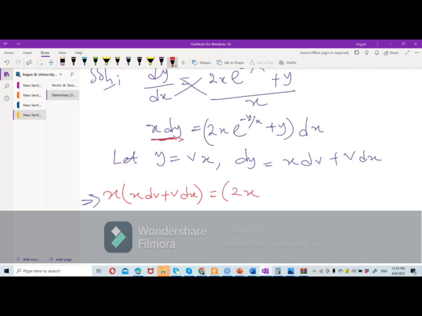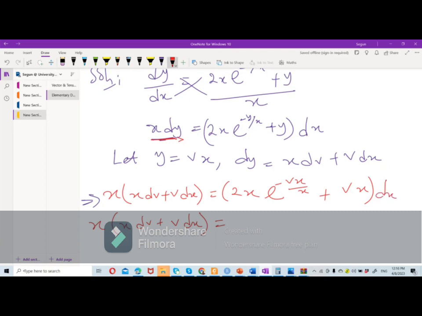2x exponential minus vx over x plus vx. In this case, we can open the brackets, so x into x dv plus v dx equals, x is common here.